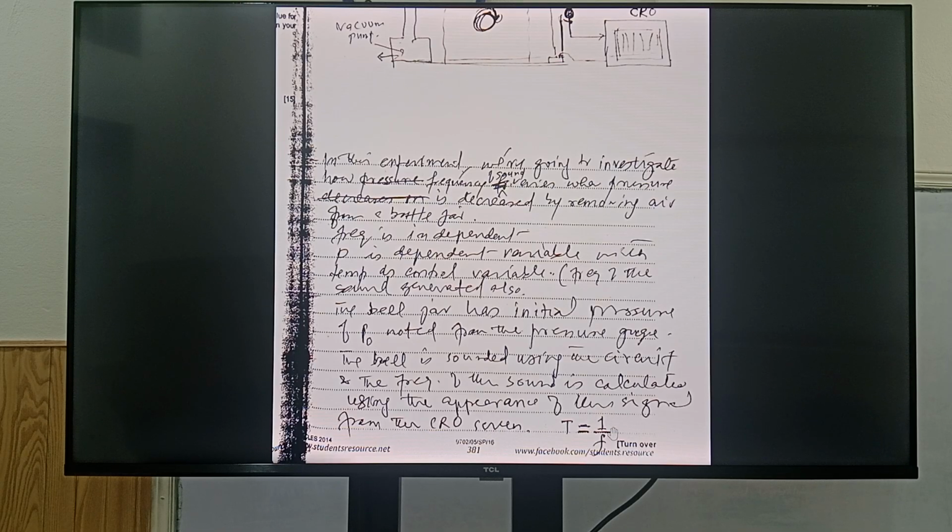You will also describe briefly how you calculate frequency using the time-base setting. First, you calculate the time period of that sound. For this, you need to recall what you learned in AS, when you learned how to calculate the time period of the signal, and then using that time period, you calculate the frequency.